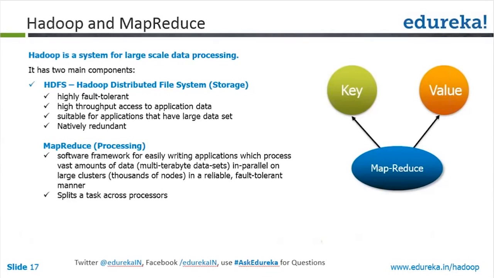In that, each word will act as a key and the number of times it occurs will be the value, right? So that way you process that data and come up with how many times a particular word has occurred in a given input file. So that's the MapReduce programming, everything you have to represent in terms of the key and value pair. So this is one of the constraints we have with MapReduce.